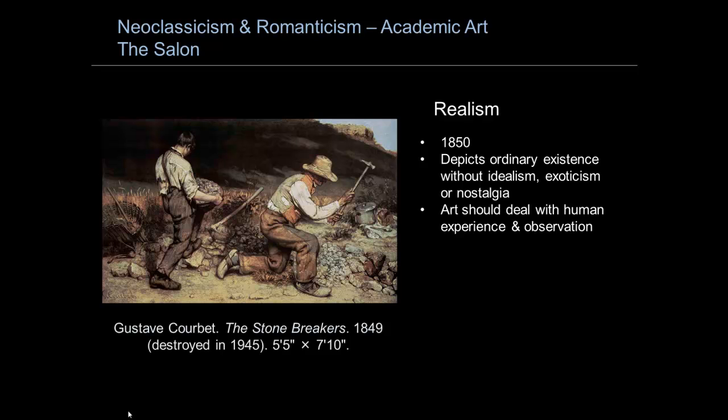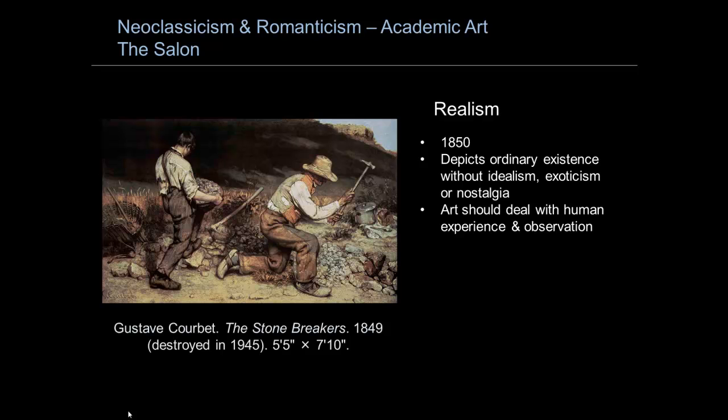And all artists that went through the academy would have their work shown in the Salon. So there were these huge shows with artwork hung on the wall from floor to ceiling, but those were the artists, and that was the only way you could be an artist. And so basically the rest of the 19th century is this act of rebellion against academic art. And so we're going to look at a few of these movements.